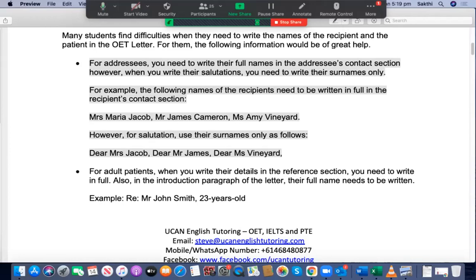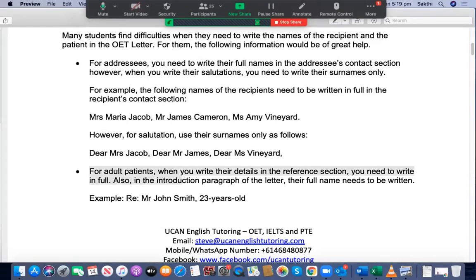You use only the third name, which is the last name as well. Particularly for some ethnic groups, they will have three names, so you use only the final name in their full name. Then you write the salutation. Okay. Thank you, sir. No worries.